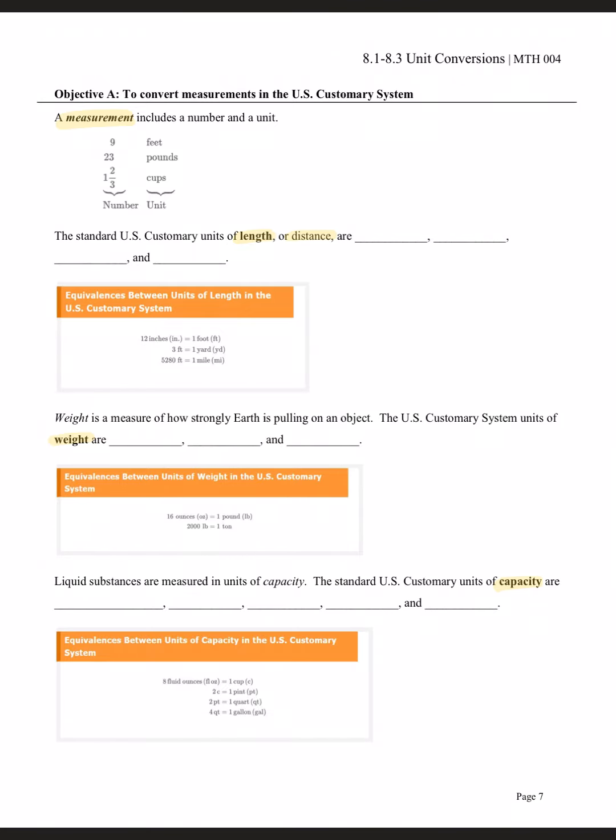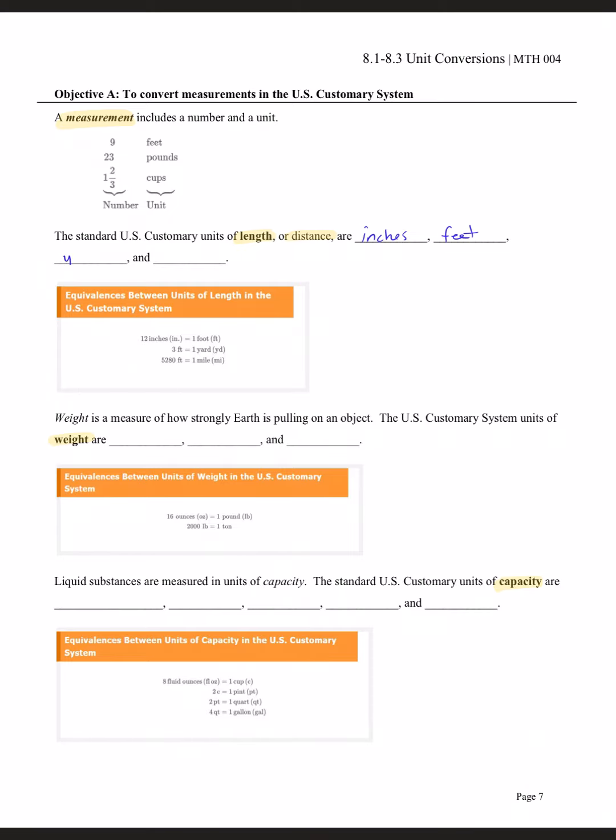So the standard U.S. customary units of length, our distance, are going to be, and we can see them in the chart below here, inches, feet, yards, and miles. Those are the ones we will focus on in this class.